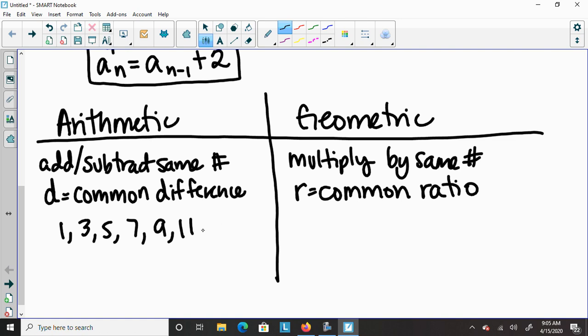For us, it's pretty easy just to write that out, but we can figure out how we could use a formula to figure out what our 6th term was. So we started with 1, and then how many times did we have to add 2? We added 2, 1, 2, 3, 4, 5 times. So to find the 6th term, you had to add 2 five times.